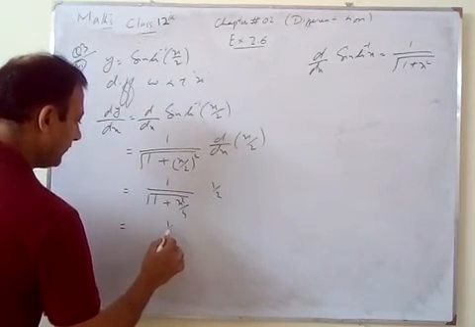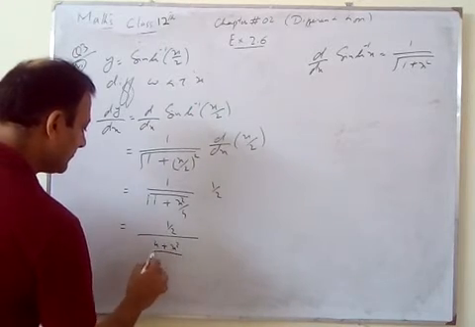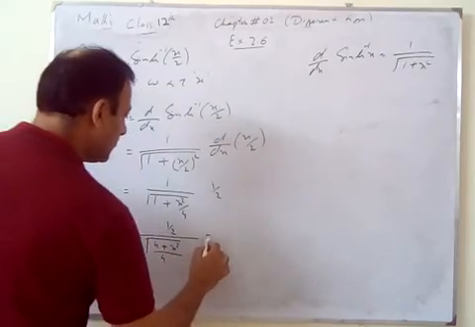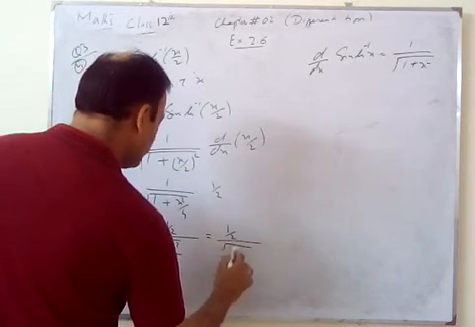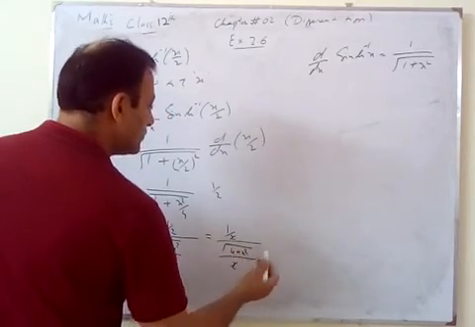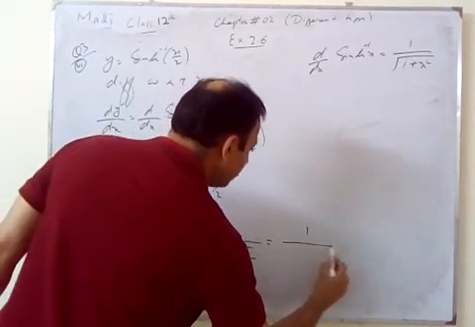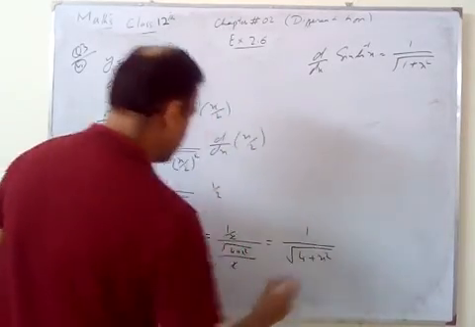Simplify: 1 by 2 divided by square root of 4 plus x square, whole divided by 2. So the answer is 1 divided by square root of 4 plus x square.